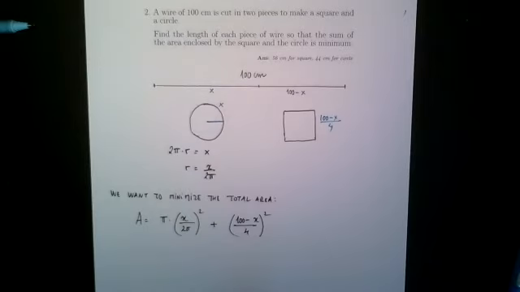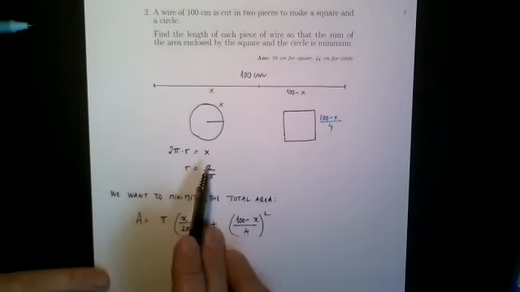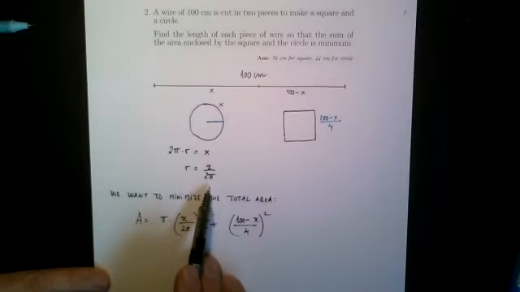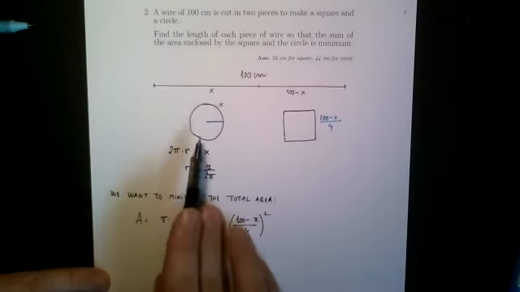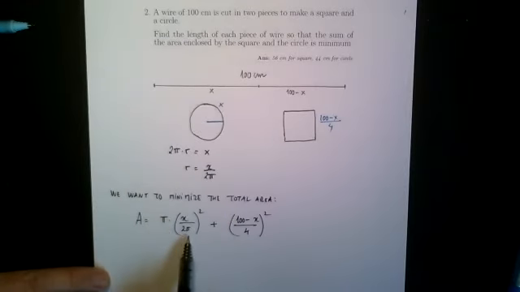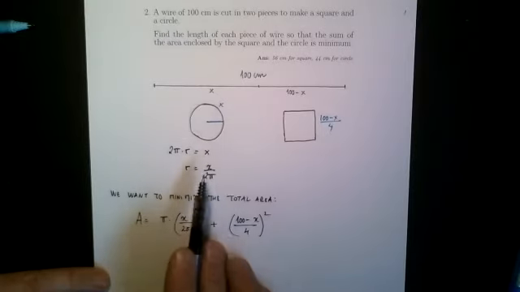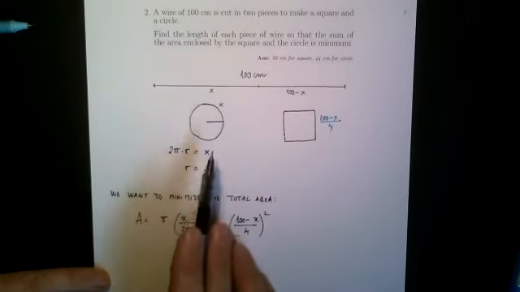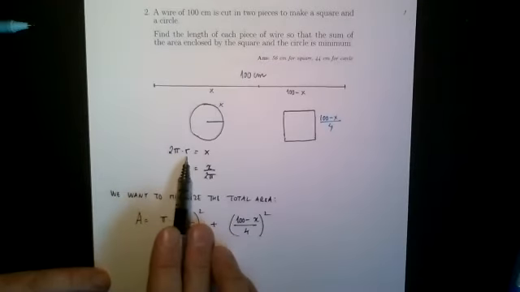How did you get that as the areas? For the circle, how did you get that? Because the area of a circle, a disk, is pi r squared. Do you understand how we got the radius? The circumference is x, so the circumference x equals 2 pi radius.